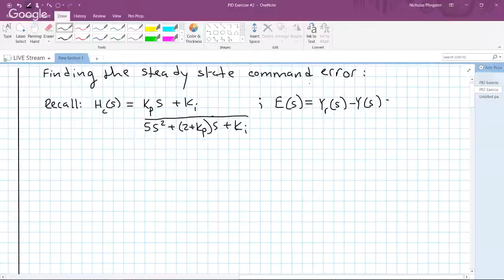All right. And again, knowing that H sub C of S is equal to capital Y of S over Y sub R of S. Okay, gotta keep going.